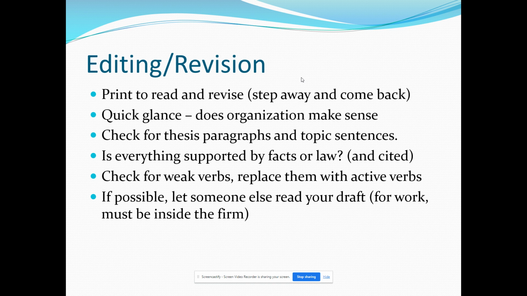And if in your firm, you might be able to get somebody to read your draft, one of your coworkers, before you submit it. For an assignment for school, you can get somebody at home or a classmate to read it. Sometimes you've dealt with it so much that you don't even realize that some things may not make sense because you're so in your head about it.